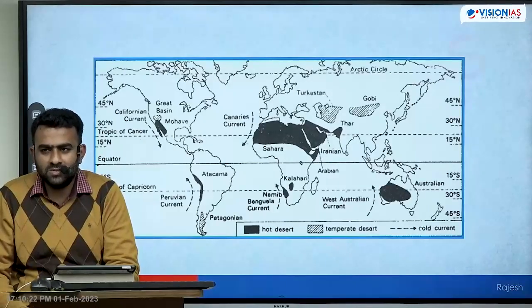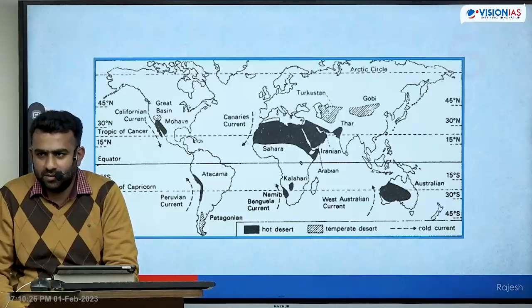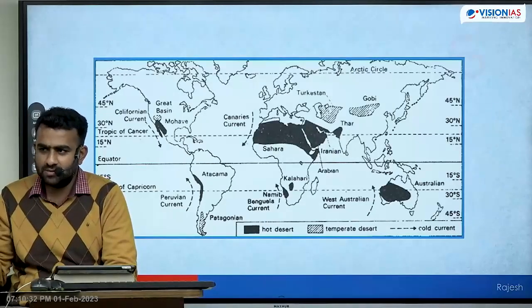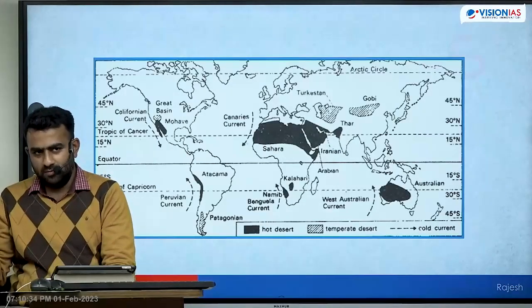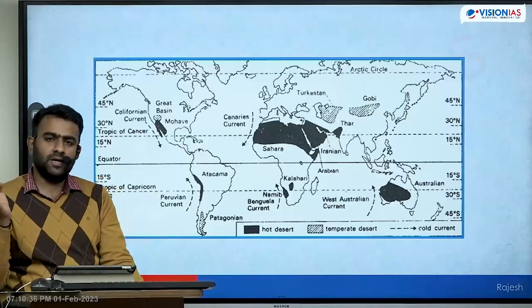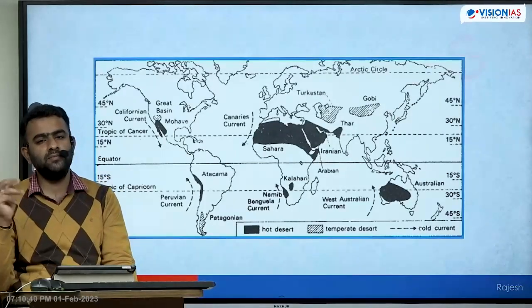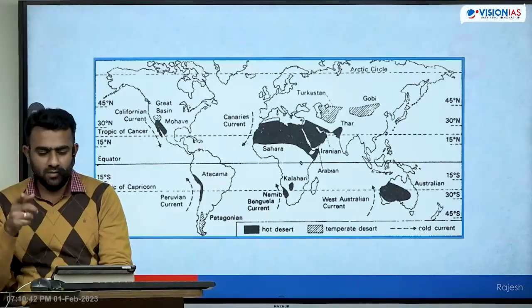What are the reasons behind the formation of hot deserts within the hot zone western margin? Cold ocean currents, offshore trade winds, nearness to the high pressure belt. I told you three conditions, and all three will apply here.